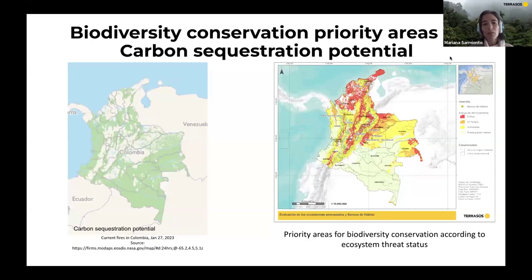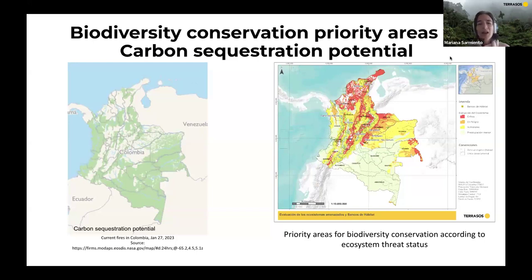Why TEBUs? Why biodiversity markets? And this is just an example from Colombia. If we did this across the world, we would see something very similar. On the left, you have an image where wherever it's green is where you would have very high potential for carbon sequestration projects because of the characteristics of the ecosystems that are there.